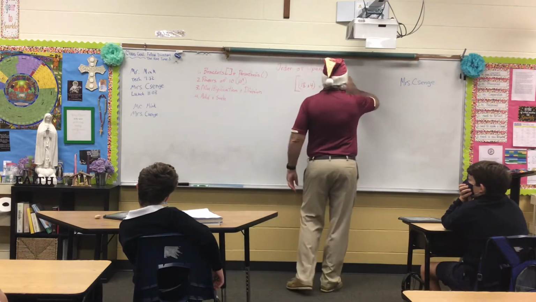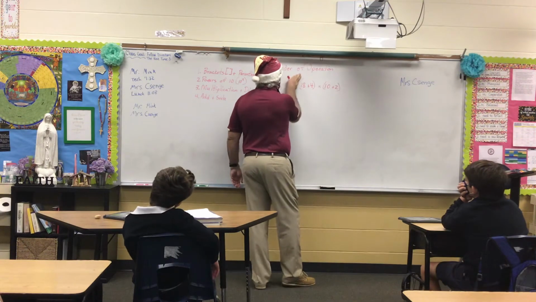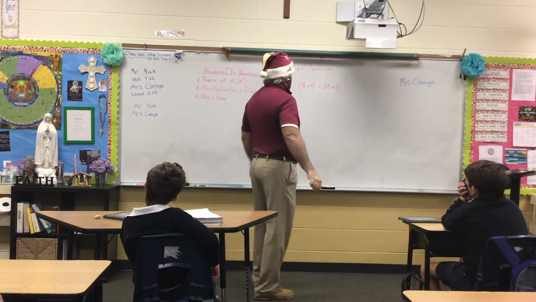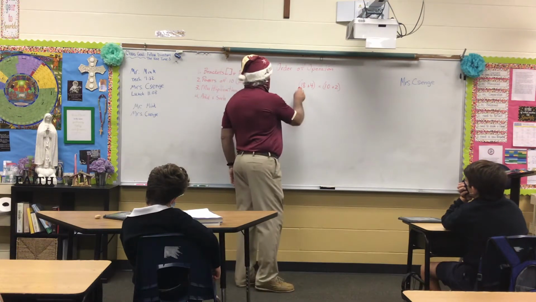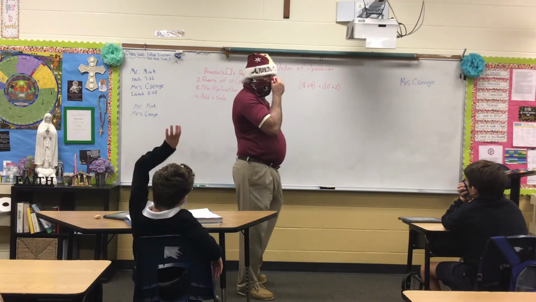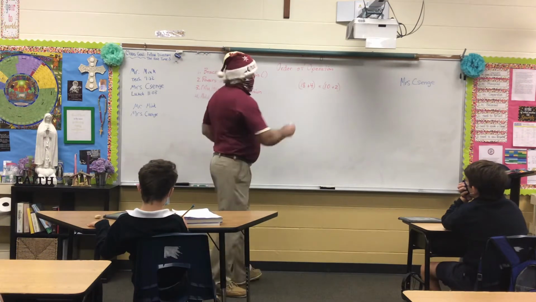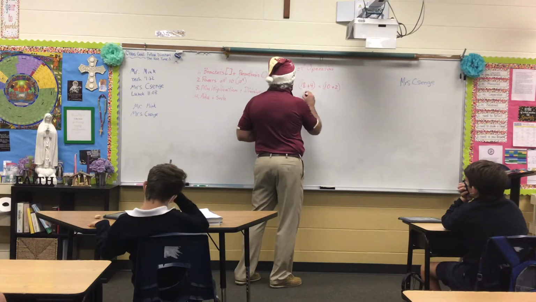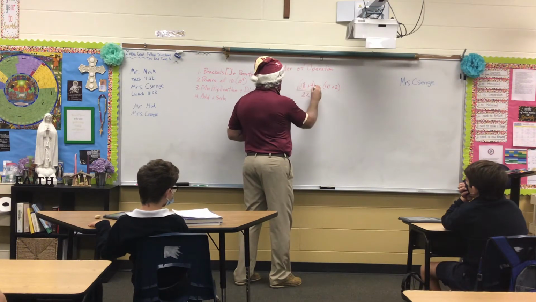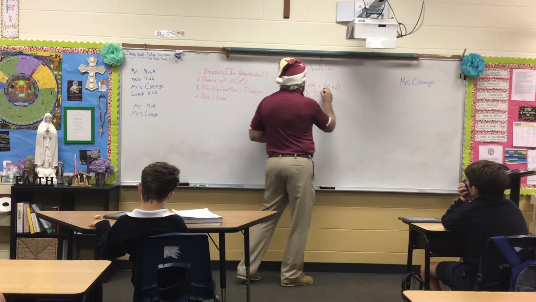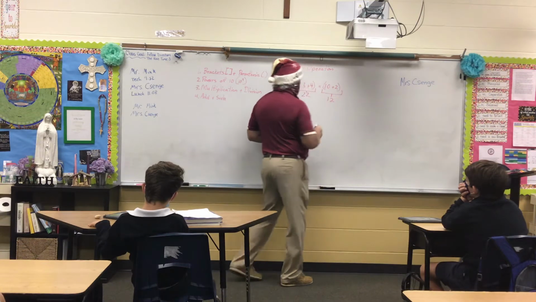Now, this is the first problem that I want to do, showing just parentheses. And it also has multiplication in it. But the parentheses come before you do multiplication and division. So what's in parentheses, you get this, that's 22, okay? And then if I take this, I get 12, correct?